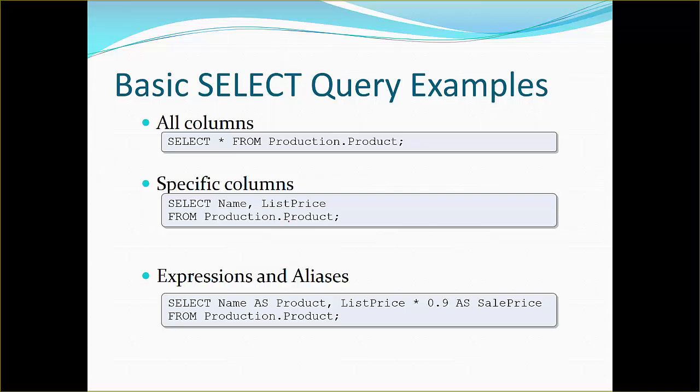Now, there are times when we don't issue the name of the columns in the select list, but we issue what we call expressions. So you're not only limited to the names of the columns in a table, sometimes you will actually use expressions, okay? Such that in a case where you want to get the name and the list price multiplied by 0.9, okay, you can use this expression. This is an example of an expression.